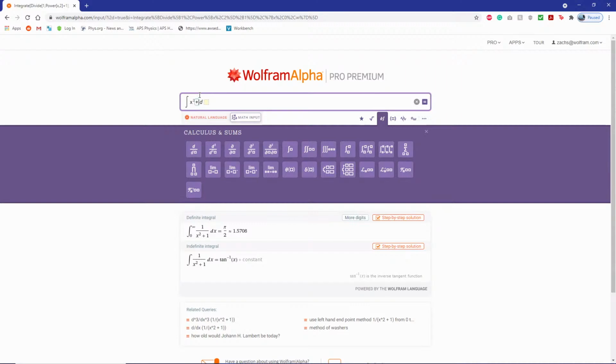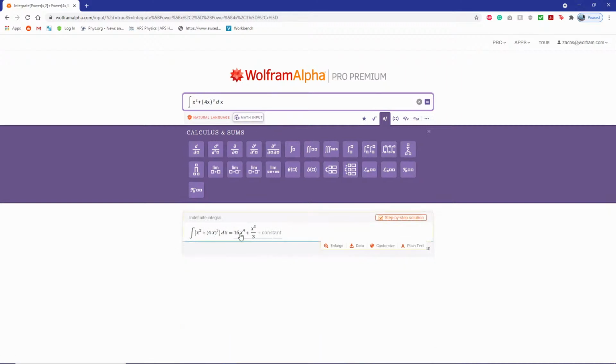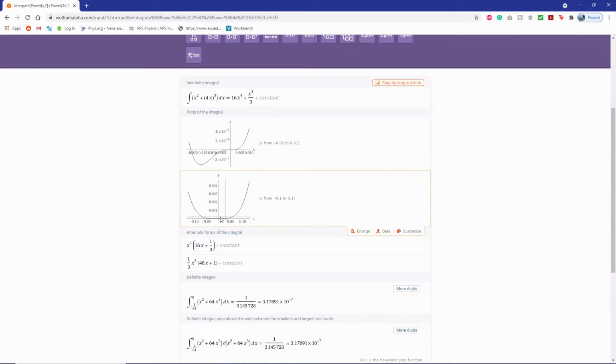If you don't have bounds, you're trying to get a function out of this, basically. We can just take an integrand and integrate it and have an analytical solution instead of a numerical solution. And it also plots the answer for you, so it's kind of taking you that next step.